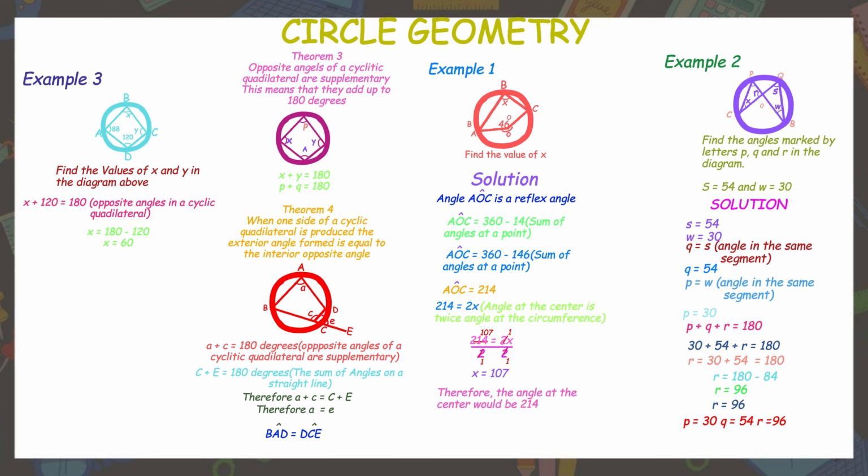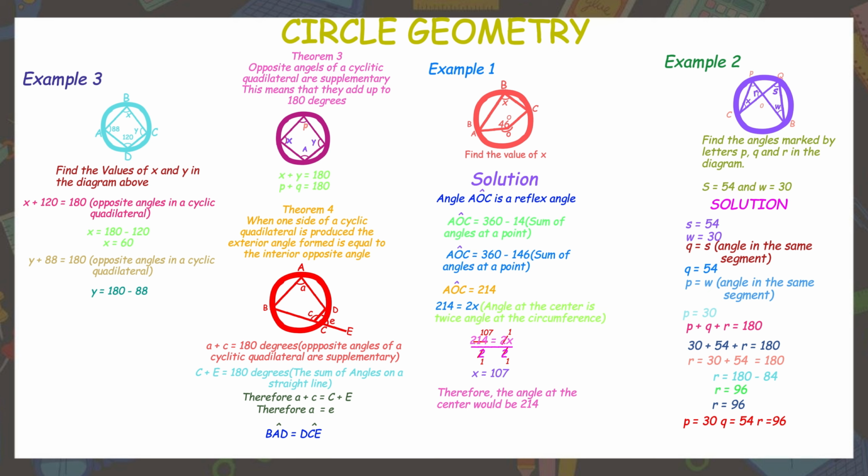Then the next one is to find y. The same thing: y plus 88 is equal to 180 degrees. And what is the reason? Opposite angles in a cyclic quadrilateral. So that means that our y is equal to 180 degrees minus 88.